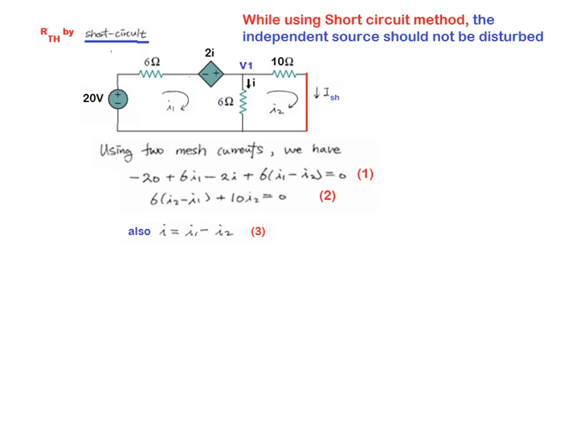So by solving these three equations, we can find I2, which is actually I short circuit, to be 120 over 136. Now once we have found I short circuit, R Thevenin is V Thevenin over I short circuit. So V Thevenin we calculated to be 12 volt divided by I short circuit, which is again 13.6 ohm.